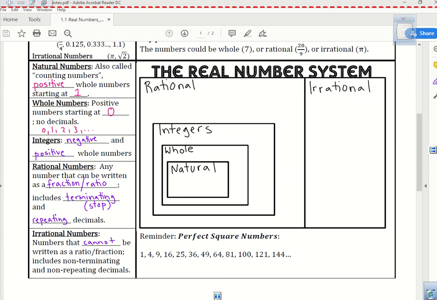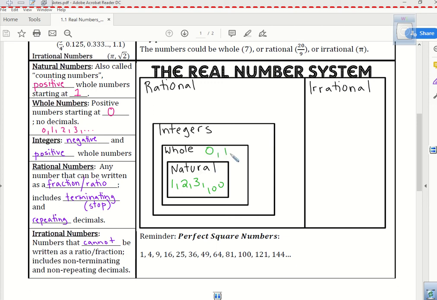Okay. Now we're going to fill in some examples. Examples of natural numbers. These are our counting numbers starting at 1. So 1, 2, 3, 4, 5, maybe 100. Okay, positive whole numbers. Whole numbers are natural numbers except they include 0.